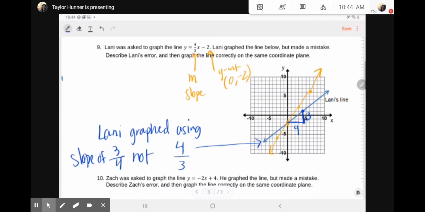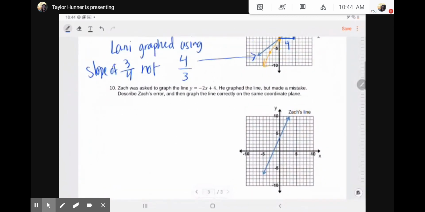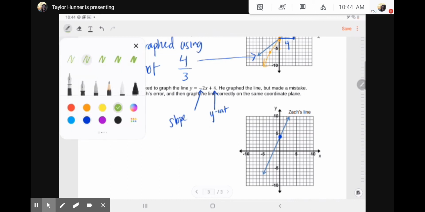Finally, Zach was asked to graph the line y equals -2x plus 4. He graphed the line but made a mistake. Describe Zach's error. So this 4 is our y-intercept. Let's see, we plotted that correctly. And this -2 is our slope. So already I can tell what Zach's error was.